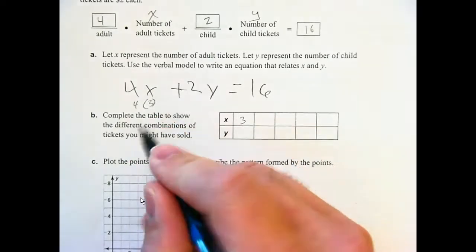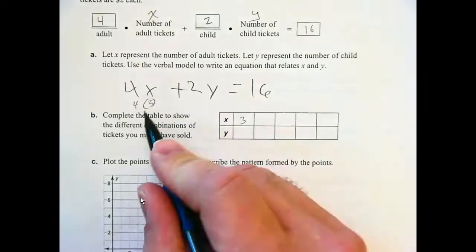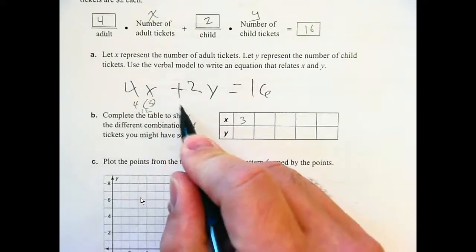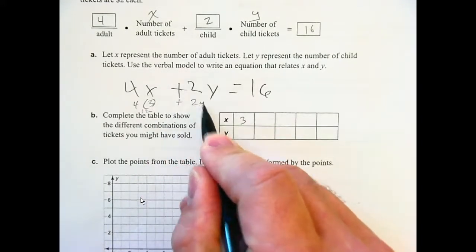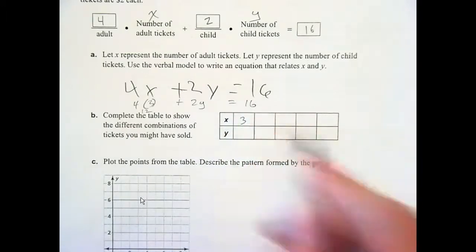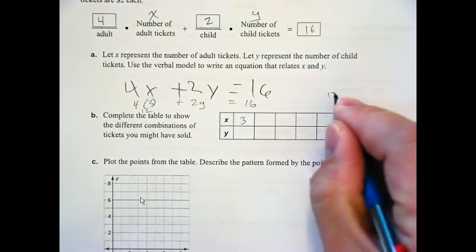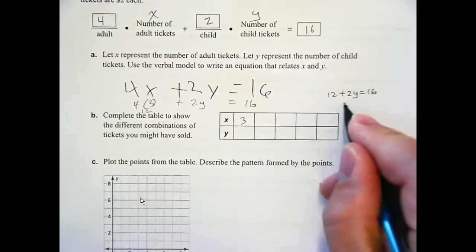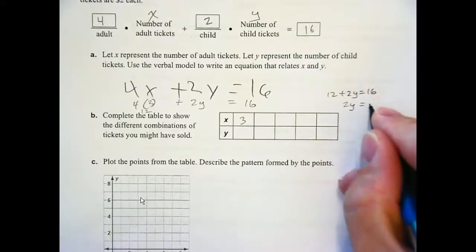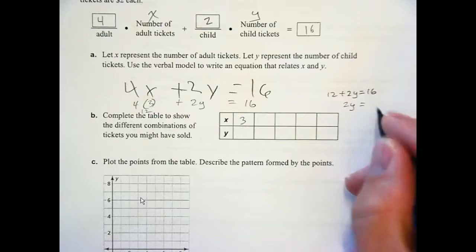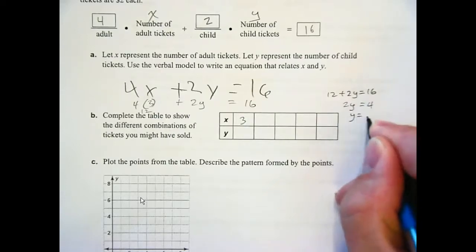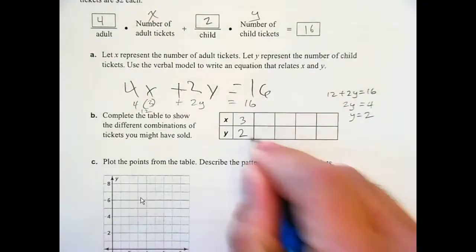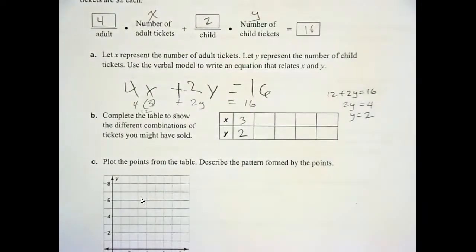Ty, what do I get there? 12. And we got 2y equals 16. All right, so Gunner, we have 12 plus 2y equals 16. That gives me 2y equals what, Gunner? 4. And y is? 2. Okay. So what inputs do we use?